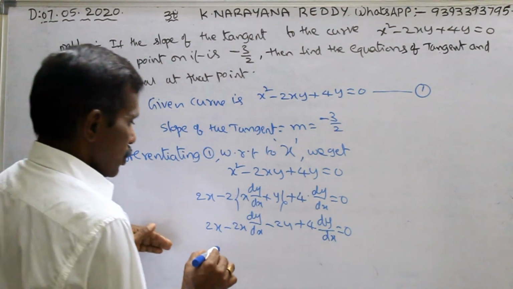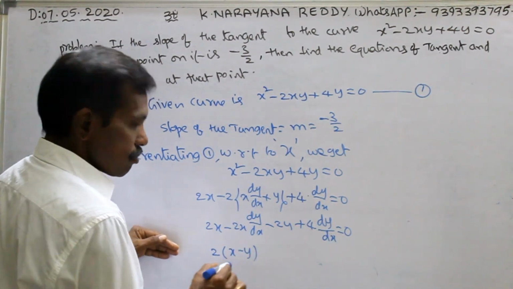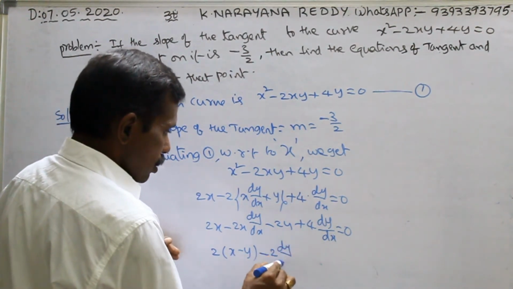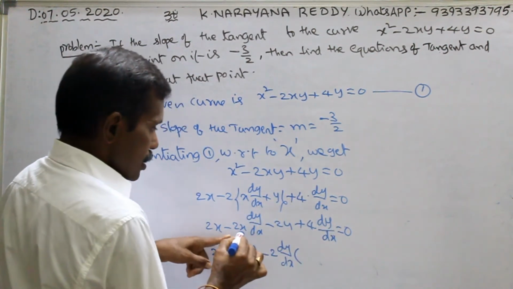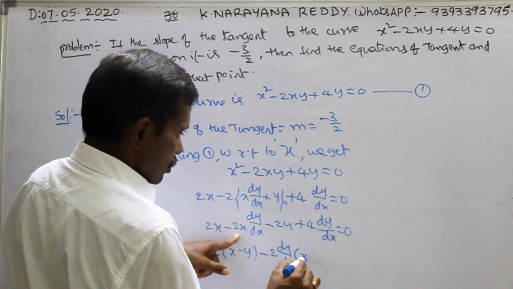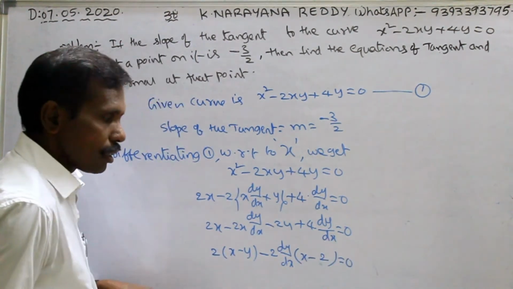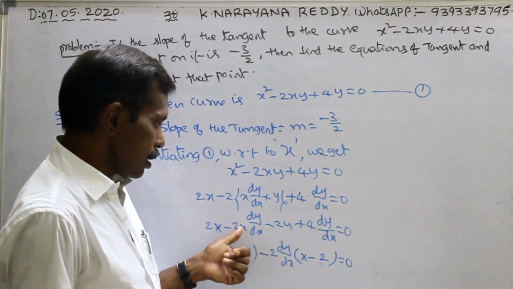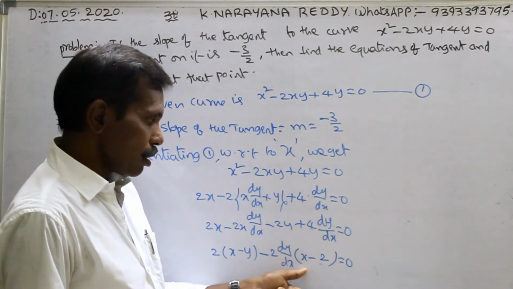See here, 2 common: x minus y, minus 2 dy/dx common between these two. Which remains x minus 2. So 2 common here, x remains. Here 2 dy/dx is common, 2 remains.